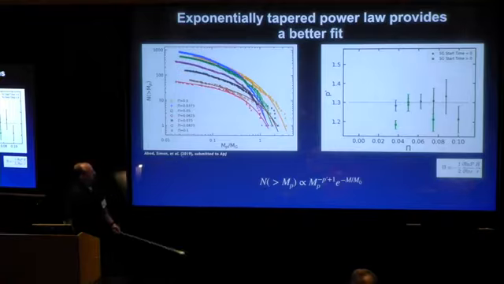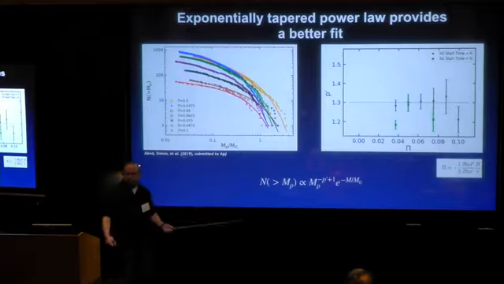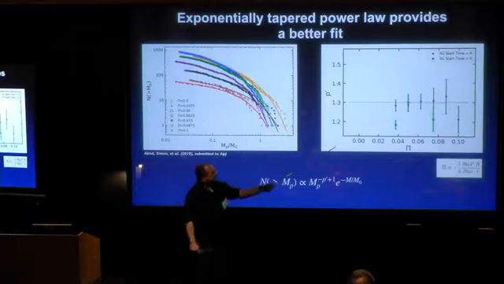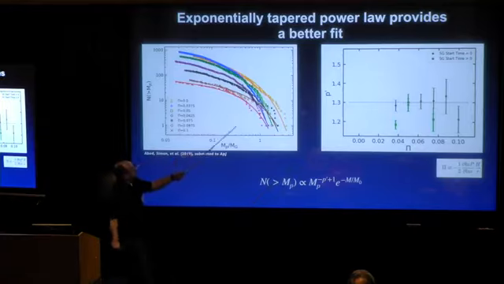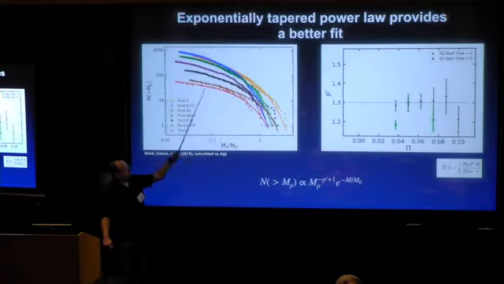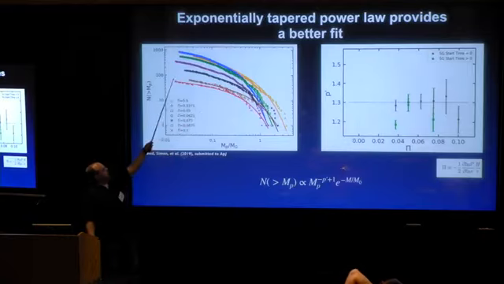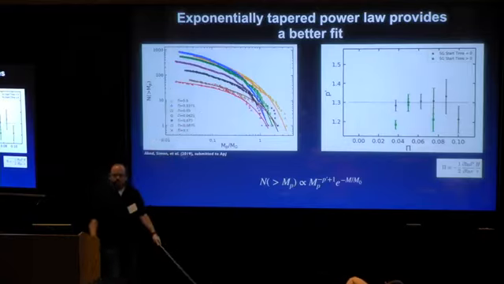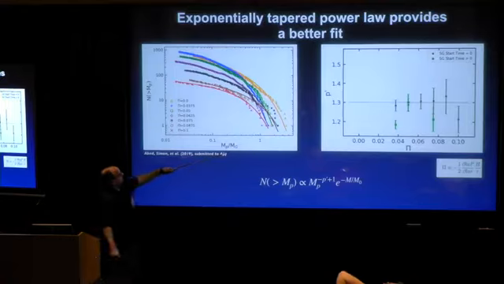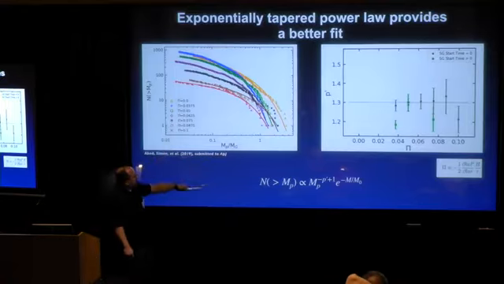And in that case, we find p prime, which is the equivalent to p but now in this new fit, is approximately 1.3, which is shallower, partially because we now have this curvature to account for, and it goes over a reasonably large range in mass, but also there's some flattening of the distribution up there. So it's not even clear that you can say it's just a power law with an exponential truncation, but maybe you can.